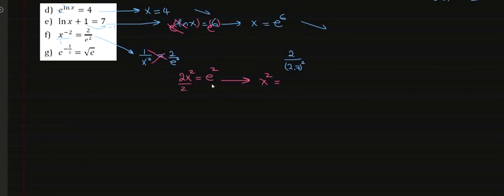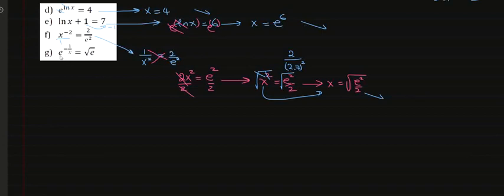You divide by 2 both sides in order to cancel that 2, and you will be left with e to the power of 2 over 2. That's great. And if x squared is that value, this means that x is the square root of that side. What we did here is we applied the root on both sides. The square and the root cancel, the x's dropped, and the root keeps on the other side. And here we go.